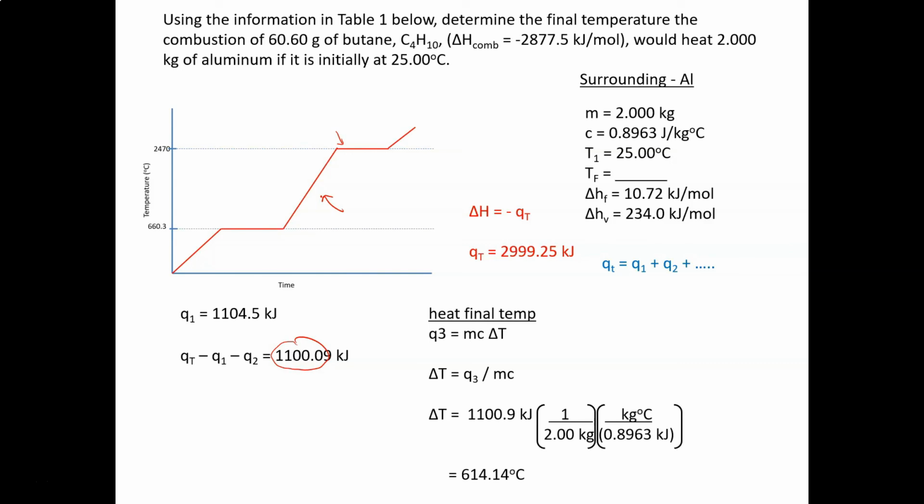And so what we can do is we can calculate our enthalpy change, and we just isolate for temperature change, and we put all of the energy remaining into that, and we see that we have a 600 degrees Celsius temperature change. And so this 600 degrees will keep us below its boiling point, so therefore we can calculate our final temperature.